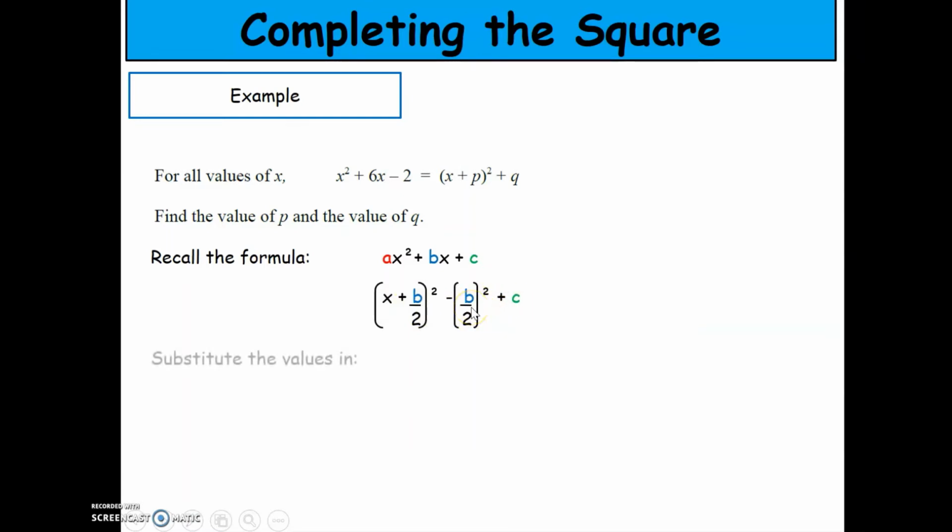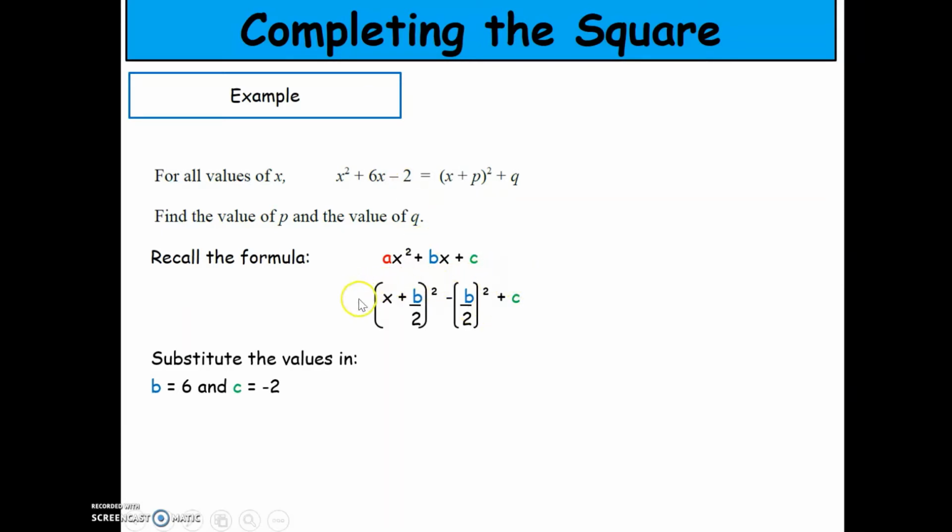First of all, we are going to identify a, b and c in our quadratic equation. In this case, a is equal to 1, b is equal to 6 and c is equal to minus 2.